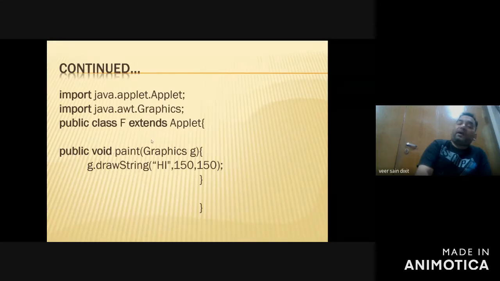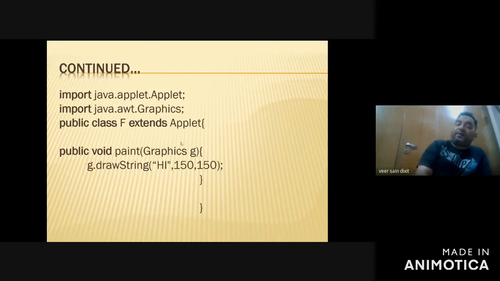In this, if you are not writing the init and start, then by default the init and start methods defined in this Applet class will be executed. Here we are overriding the paint method, because we have to write a different message. Paint return type is void and this is public. We are passing an object g of type Graphics component class.